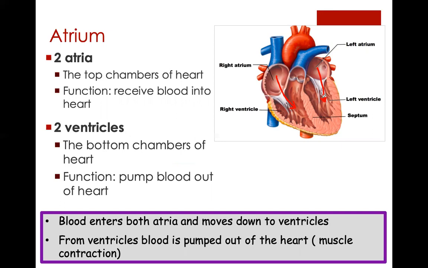The blood that enters both atria moves down to the ventricle, and then from the ventricles, blood gets pumped out of the heart by muscle contraction. Again, the heart is a very strong pump that creates a lot of contractile force using its myocardium.